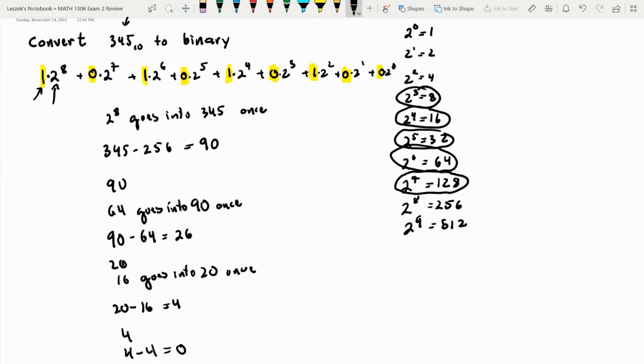So our number in binary is going to be 1, 0, 2. Oops, that was bad. It's not a 2. There's no 2. Binary only has 0 and 1 digits. Okay.